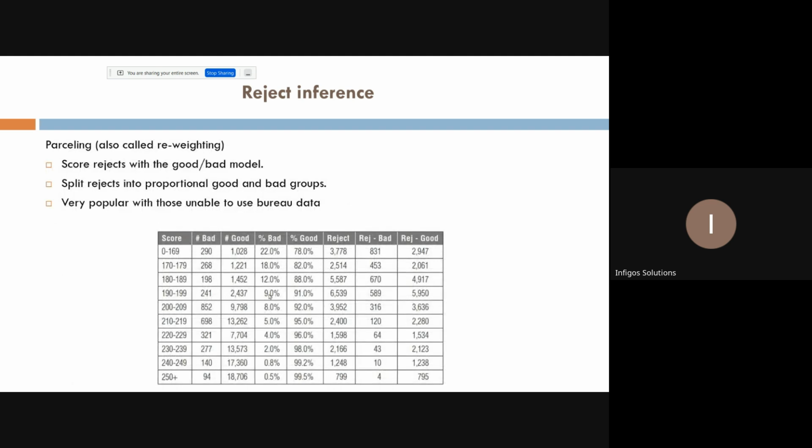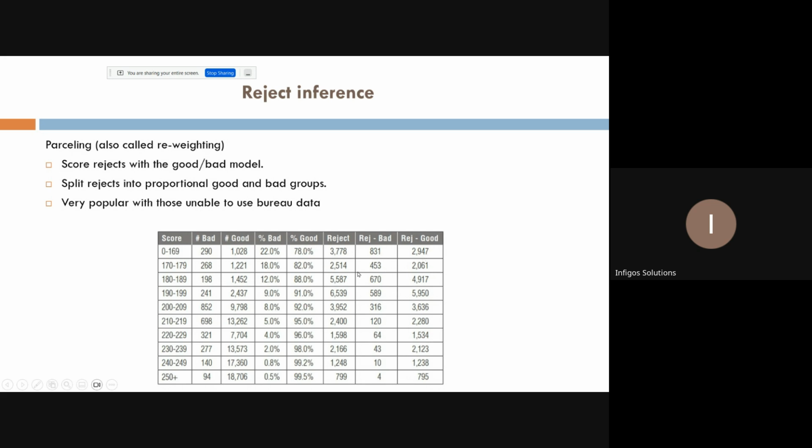The second technique is parceling. In parceling, you will basically have this kind of data, good and bad data for the accepted customers, and you have reject data here. In the reject data, you will infer how many are rejected bad, how many are rejected good. If you sum these two, you'll get this number.